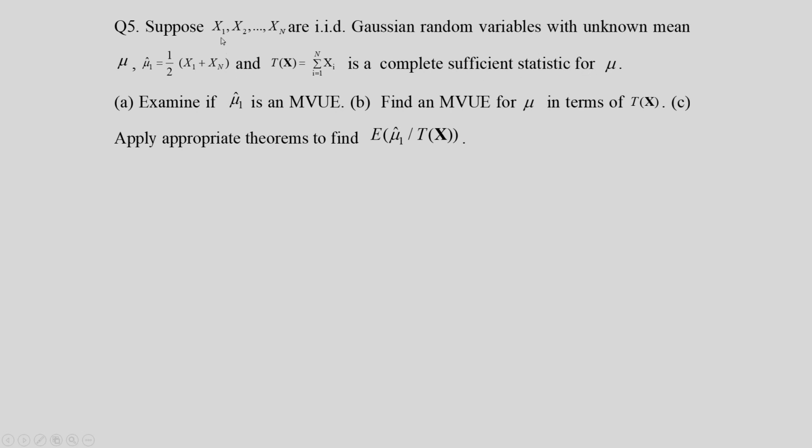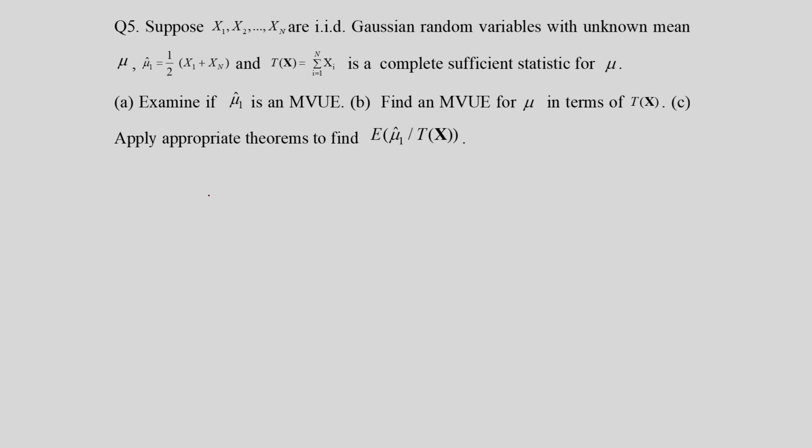So, you are given that the xi's are IID Gaussian with unknown mean mu, and mu1 hat is an estimator given by half of x1 plus xn, and Tx is a complete sufficient statistic for mu, given by this summation. Part A: examine if mu1 hat is an MVUE. Part B: find an MVUE for mu in terms of Tx. And part C: apply appropriate theorems to find E of mu1 hat given Tx.